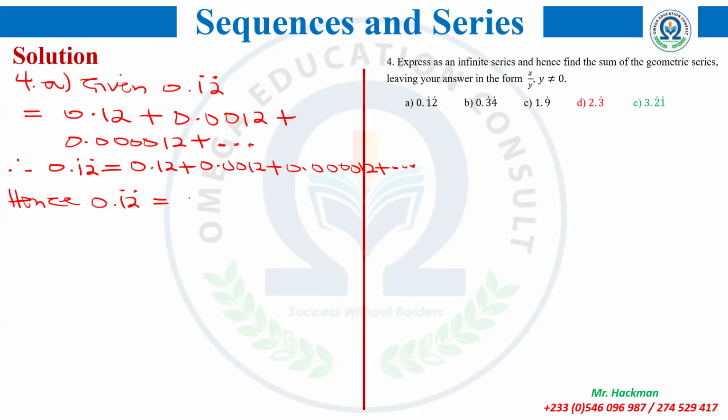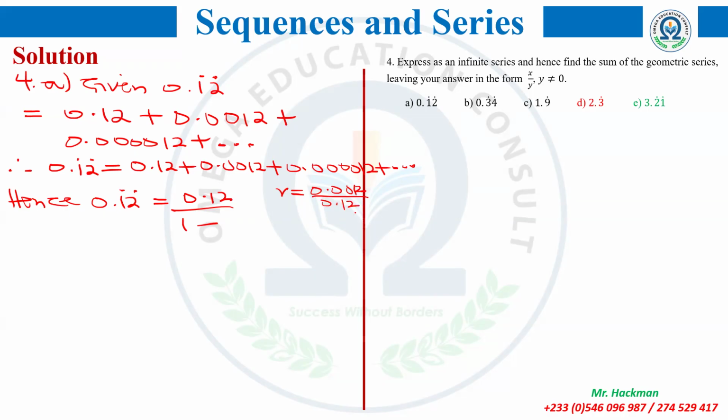What is your a? 0.12, all over 1 minus your r. Your r, this will always be a geometric sequence. In this case, you just do the first ratio, and that will give you your r. So that would be 0.0012 over 0.12. So what would that give you?